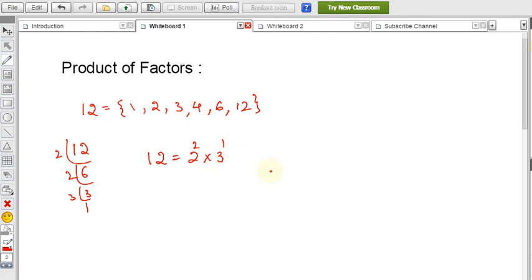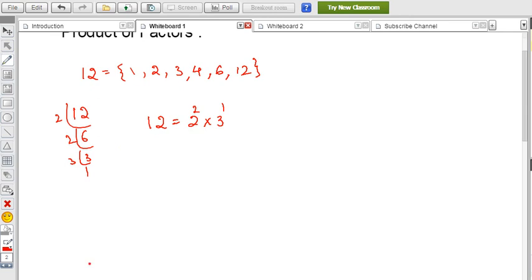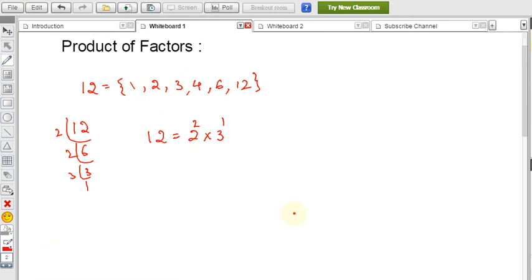Then we have the product formula. So I'll write this formula first. Okay, let me explain the formula. The formula for this is product equals capital N to the power small n by 2.